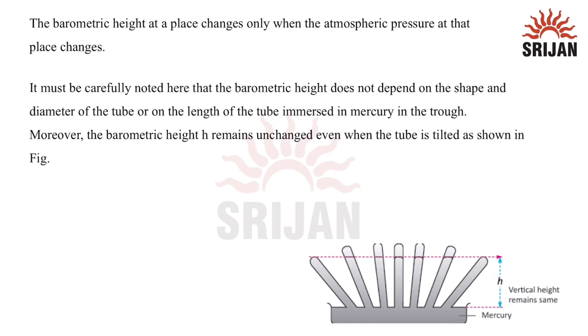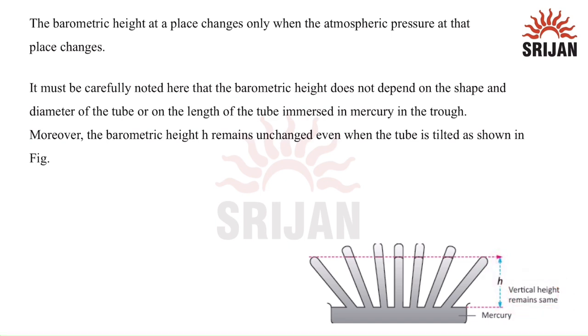Now, it must be carefully noted that the barometric height does not depend upon the shape and the diameter of the tube or on the length of the tube immersed in the mercury in the trough. Moreover, the barometric height remains unchanged even when the tube is tilted as shown in the figure. So this is the vertical height of the mercury in the barometric tube.